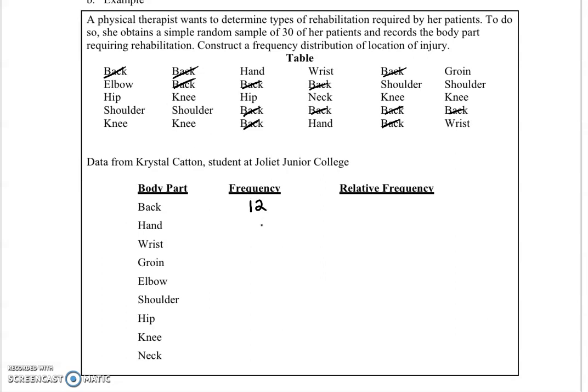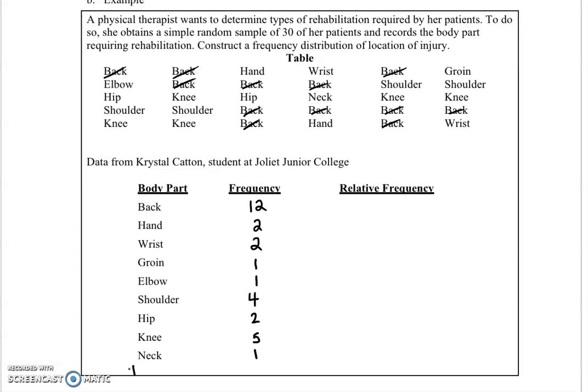If we do the same, we'll find we have 2 hands, 2 wrist patients, 1 groin, 1 elbow, 4 shoulders, 2 hips, 5 knees, and 1 neck.